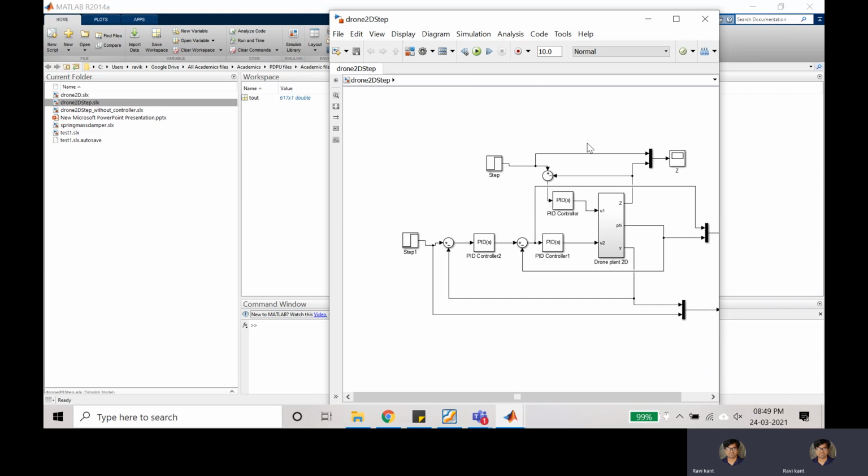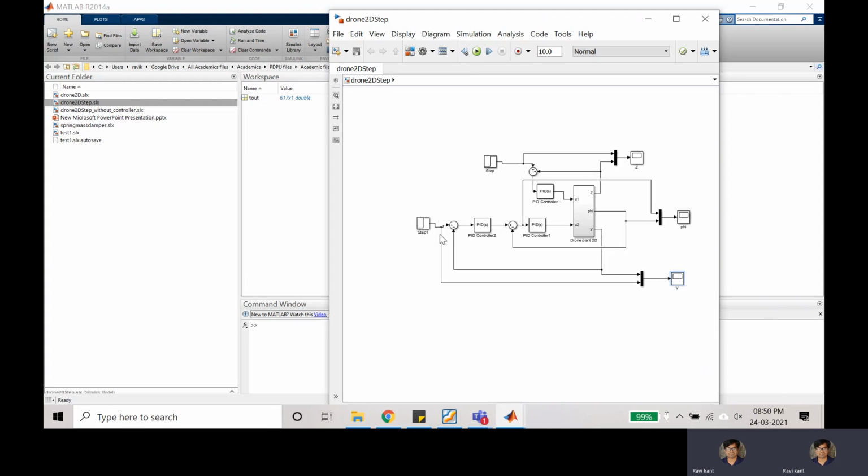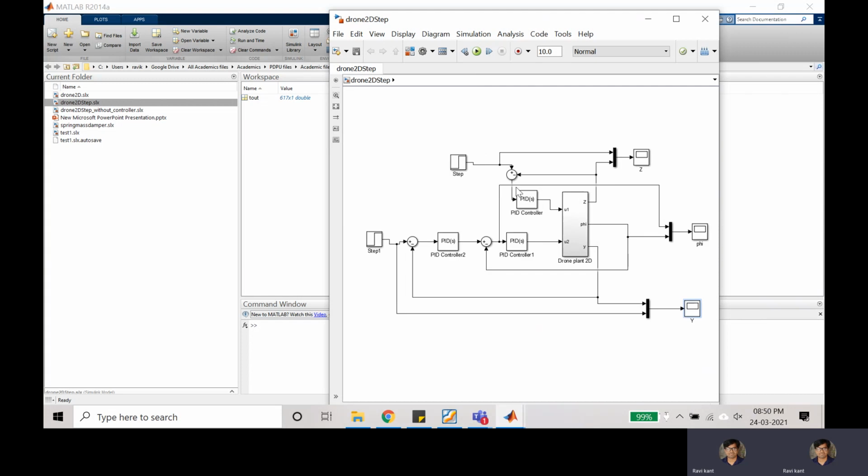Not only flying systems, you can have robotic arms that are used in industries. You can make the virtual dynamical system over here. You can simulate it, whether it is working well or not. Then you can further go into your design part.